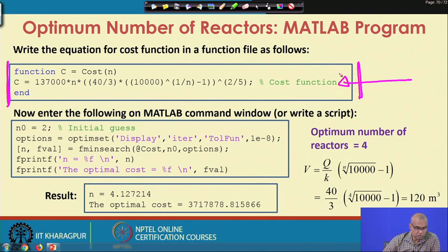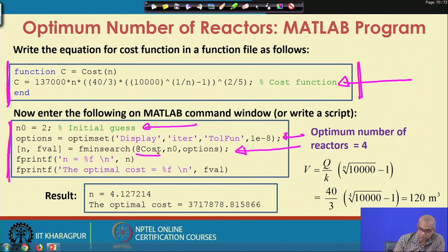Now, you write these expressions on the MATLAB command window or write a script and run the script. So, give the initial guess. Let us start with a guess that n equal to 2. So, n0 equal to 2. You can give the options to display the results of each iteration and to define the tolerance, and then you call the fminsearch solver using fminsearch at cost.